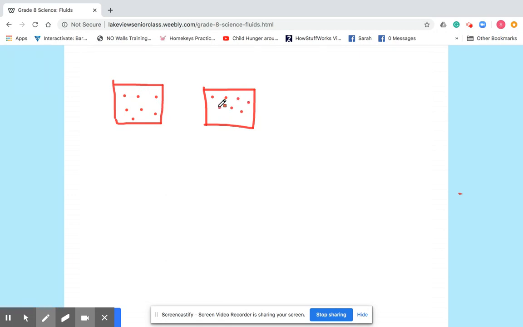I'm going to add in more molecules, more particles in the same amount of space. Therefore, the particles are becoming more compact. Which do you think would have a greater density? I mean, they both take up the same amount of space. So which one would have the greater amount of density?